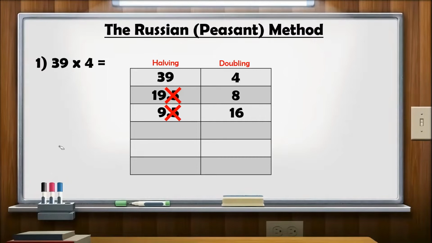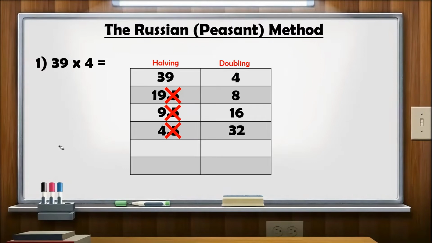I'm going to continue. So half of 9 is 4.5, double 16 is 32. Again, we have the decimal, or as it's known, a remainder, so we are going to ignore it. So 4.5 will now be 4.